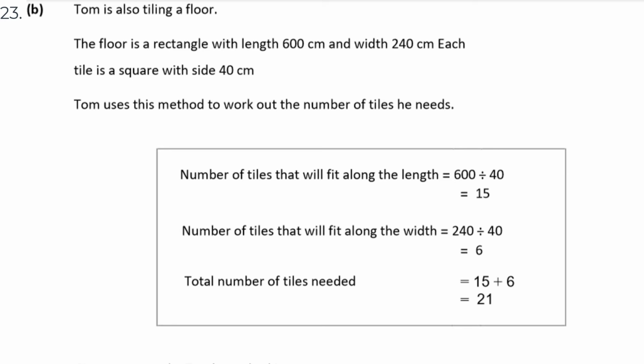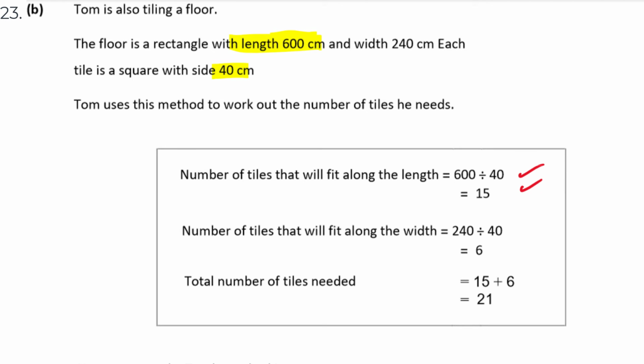So the number of tiles that will fit along the length is 600 divided by 40, which is 15. Is that right? 600 is the length, and each tile was 40. Yes, so if I do 600 divided by 40, I'm just going to check his maths as we go along. So yeah, that is 15. Okay, I'm happy with that.